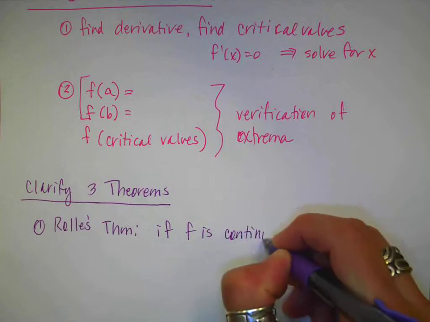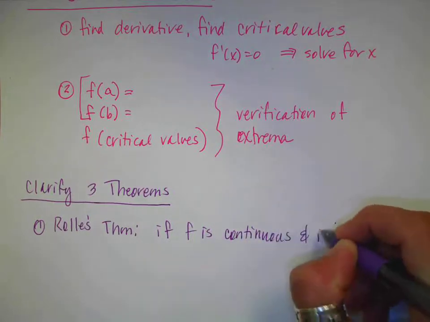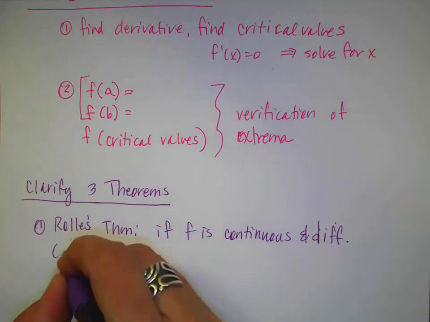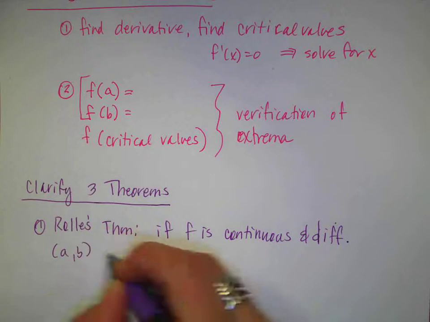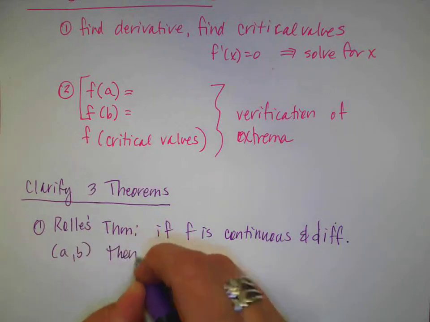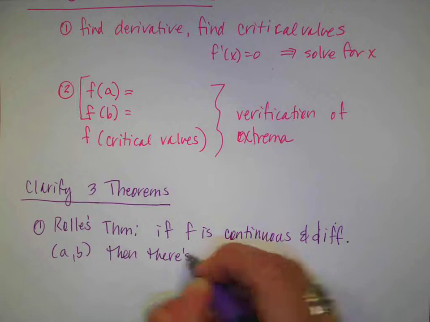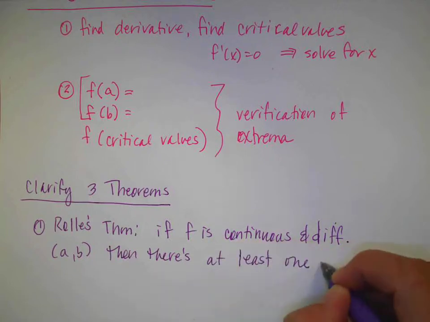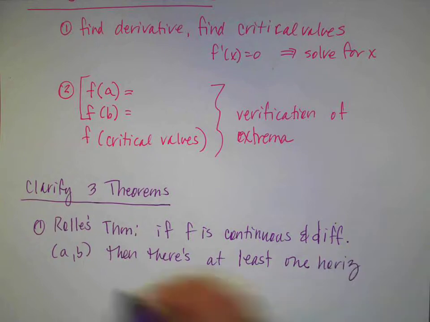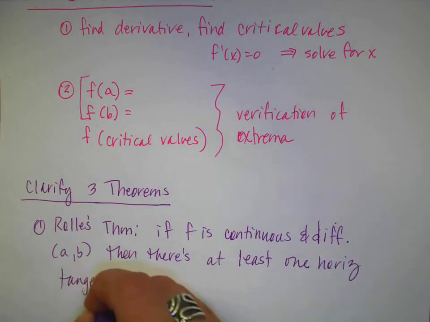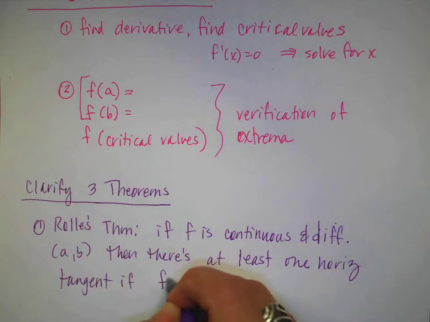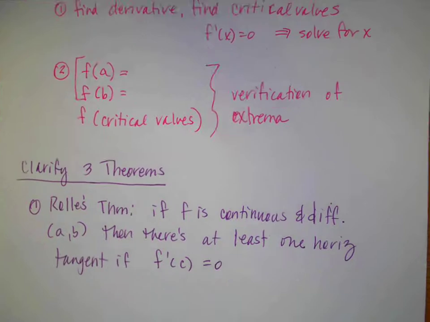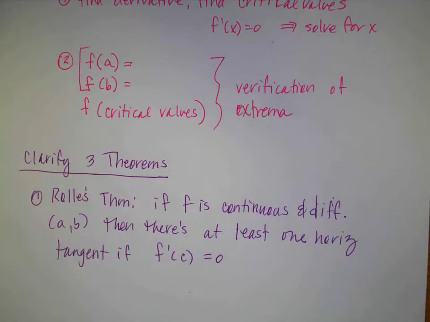Basically this one says if the function is continuous and differentiable on an open interval a to b, then there's at least one horizontal tangent if f prime at some value is equal to 0.